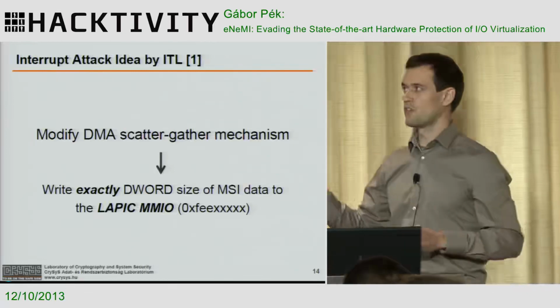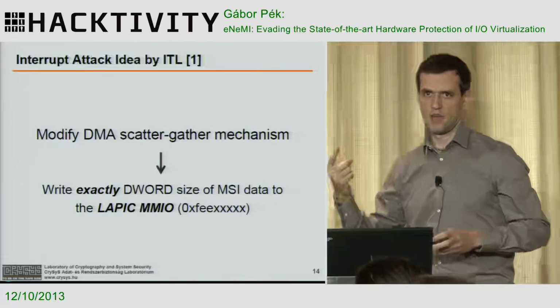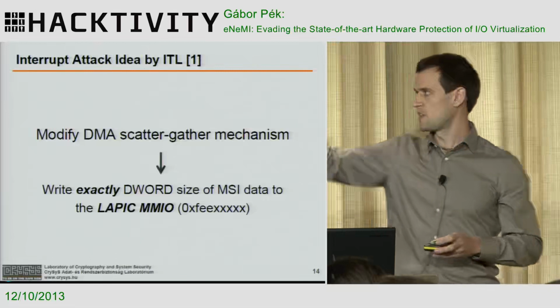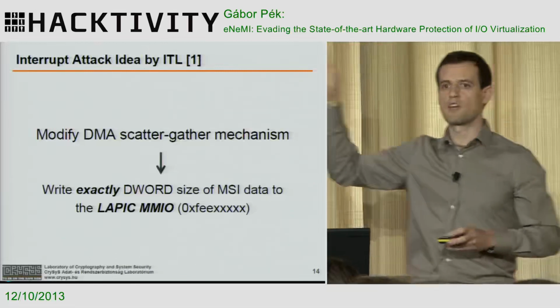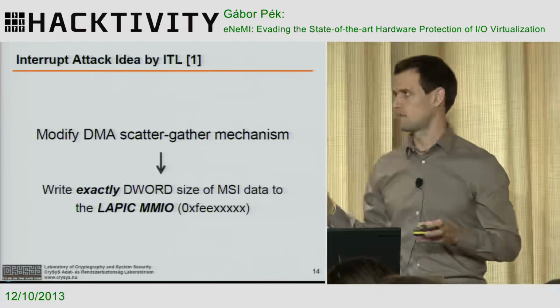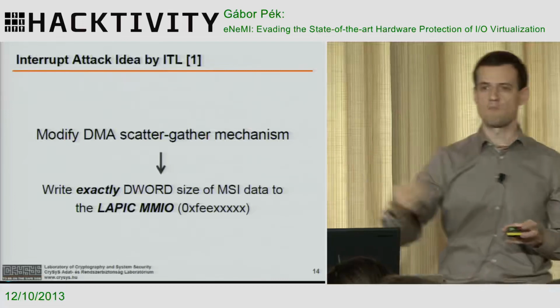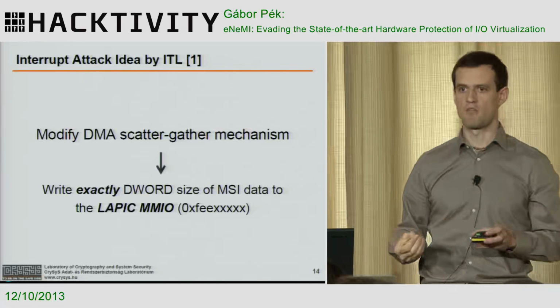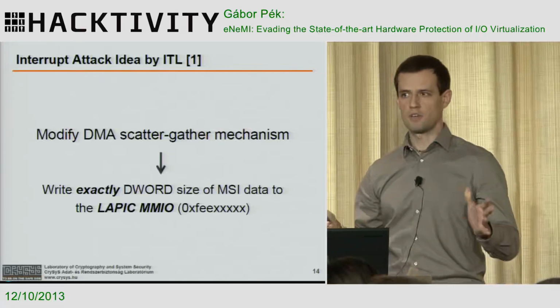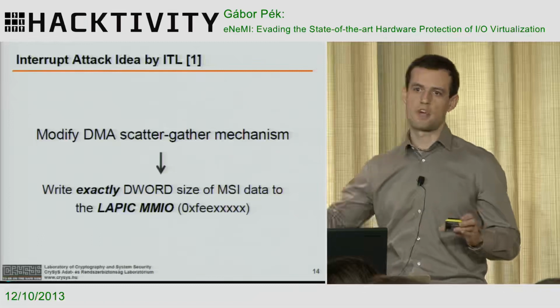So they figured out that if they write, by a modified MSI scatter-gather mechanism, to a specified memory-mapped I/O address, which is used for the local APIC, they can create a message signaled interrupt from the VM via a pass-through device. So the MSI, we know that this is a direct memory access.